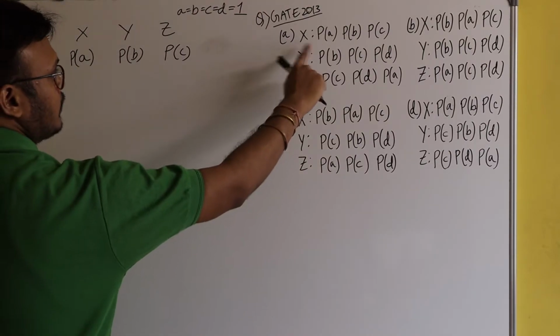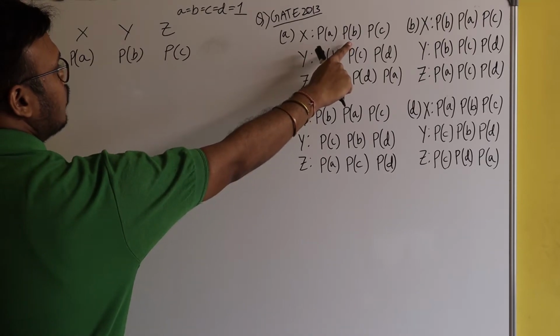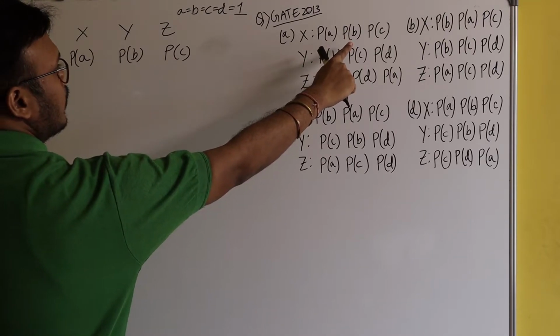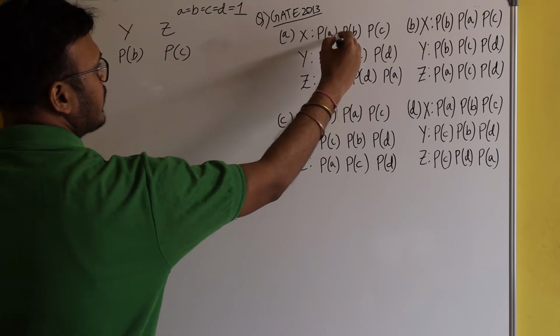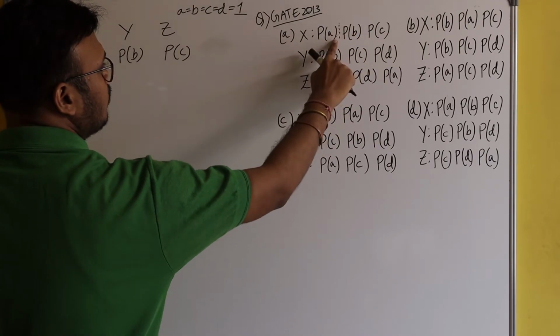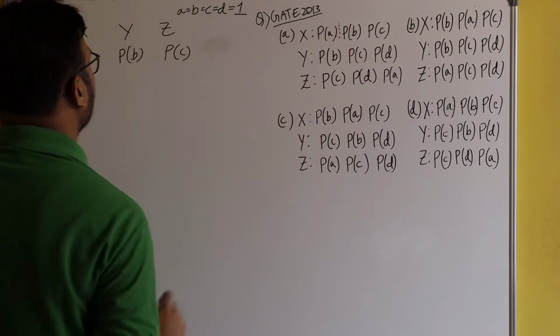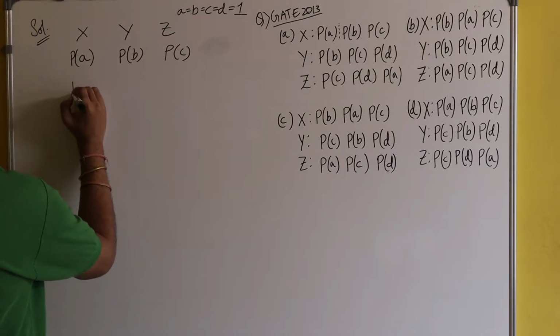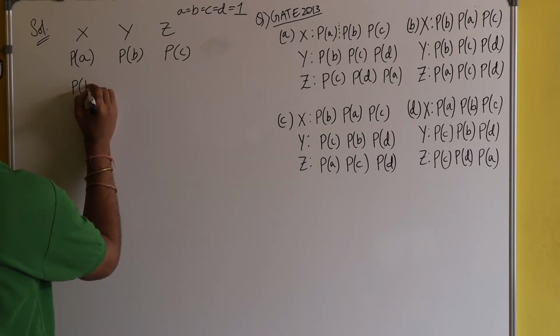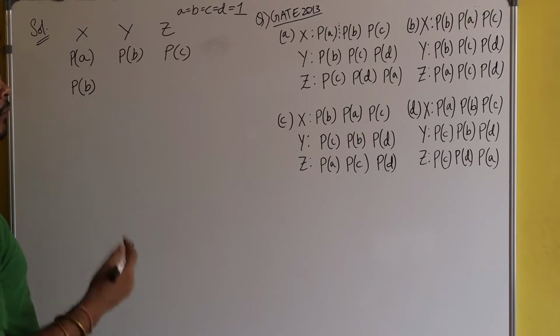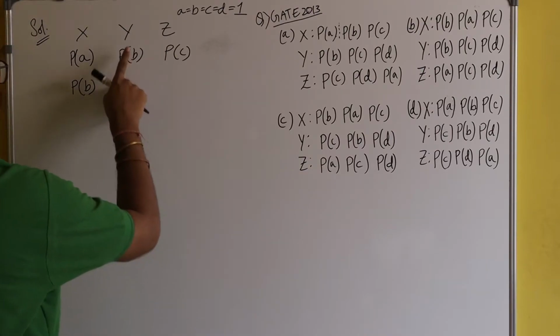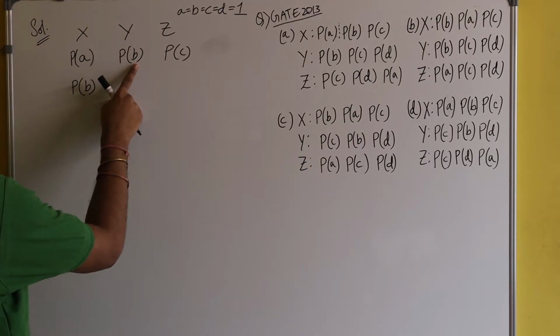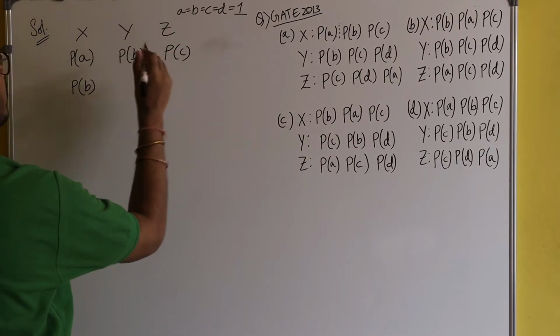Now X wants to execute PB, because X had executed up to the previous line. X will try to execute PB, but Y has already executed PB and the value of B has become 0.